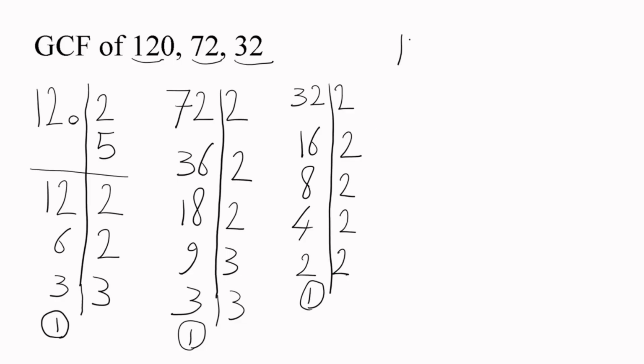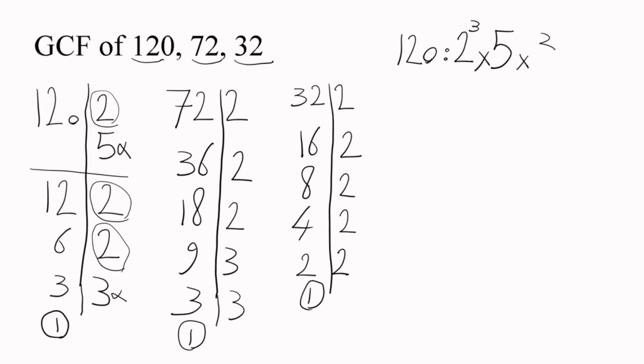Okay, let's start with 120, which is the first term. As you can see, I can write 120 as I have three 2's, so 2 to the power of 3, times I have one 5, as you can see, times 5, and I have one 3, as you can see, times 3.